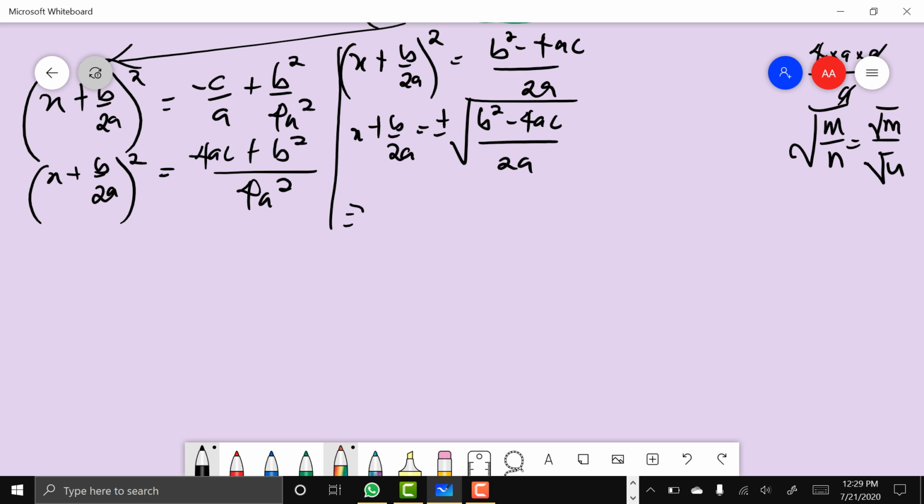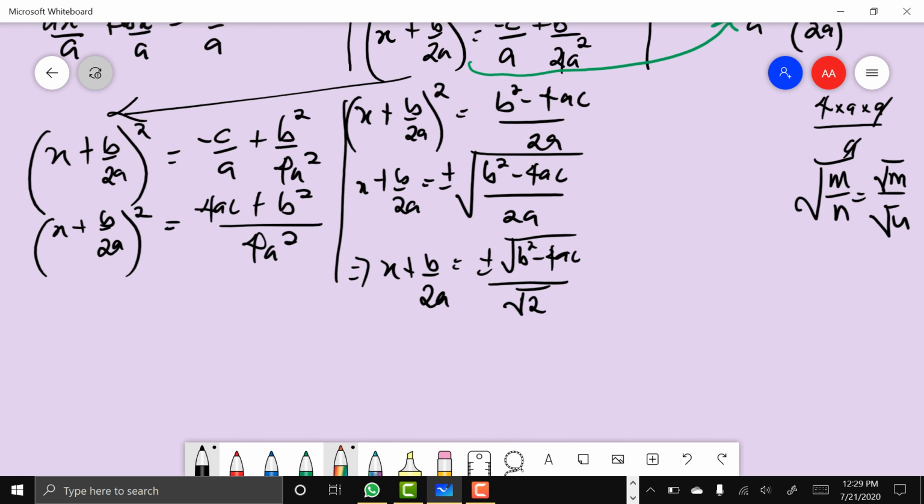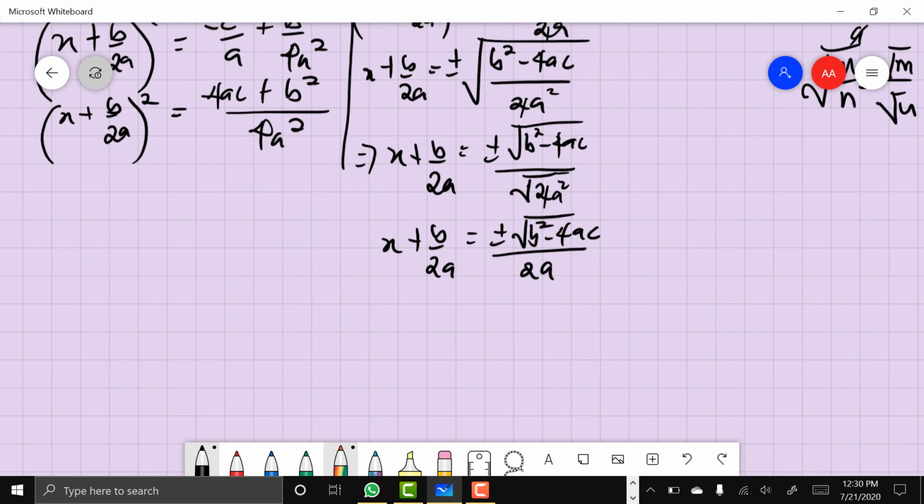So this gives us x plus b over 2a equals plus or minus the square root of b squared minus 4ac over 2a.